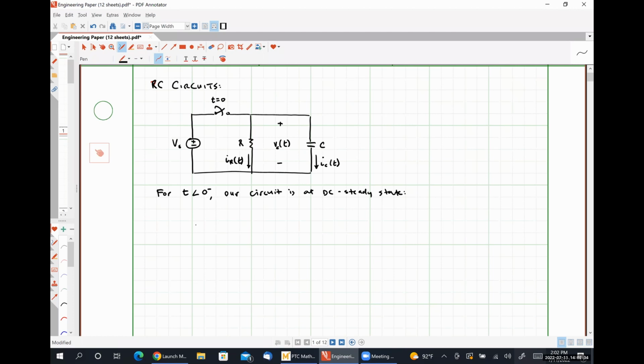Which means it would look something like this. Here's our source voltage. Our switch is closed. So our voltage source is directly connected to our resistor. Because we're at DC steady state, our capacitor looks like an open circuit.